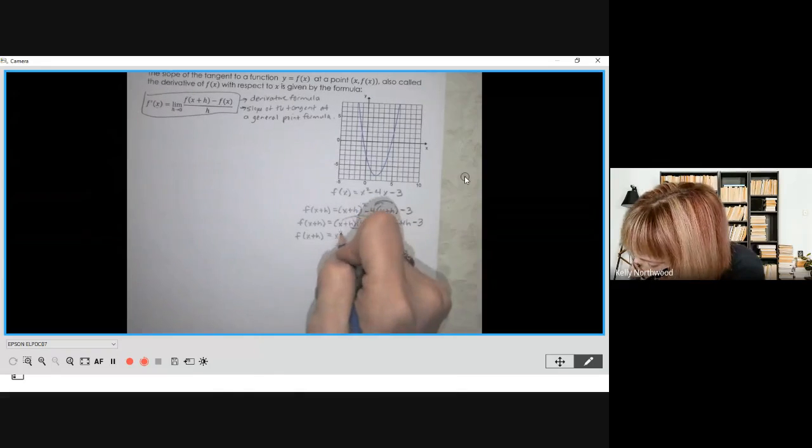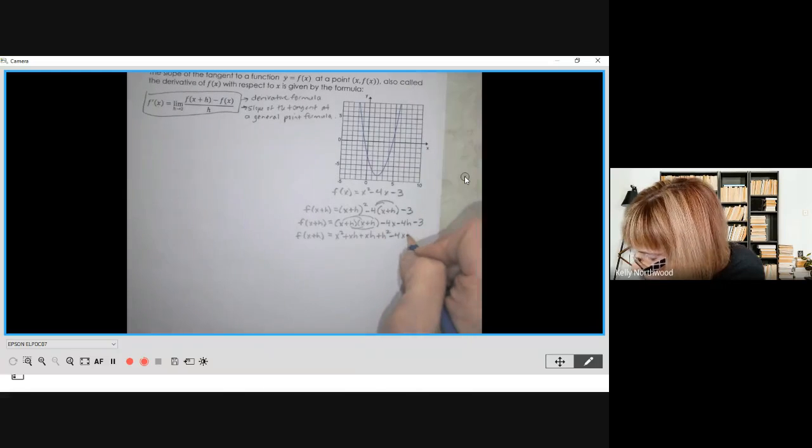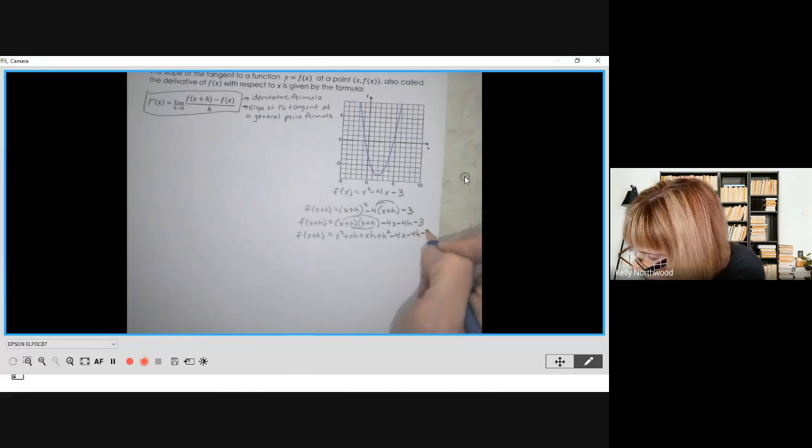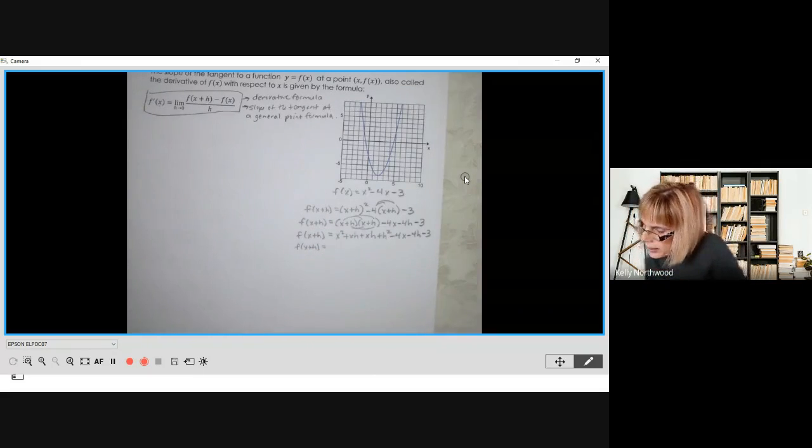Okay, so here's where we use our FOIL. We can't square a binomial in our head. So we get x squared plus xh plus hx, which is another xh, plus h squared. Collect like terms here.